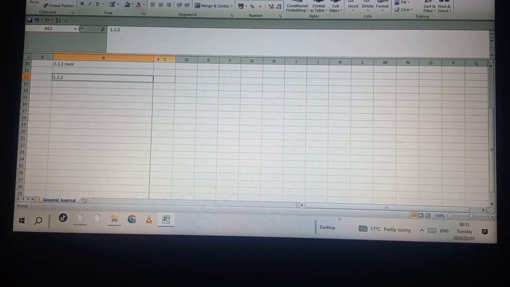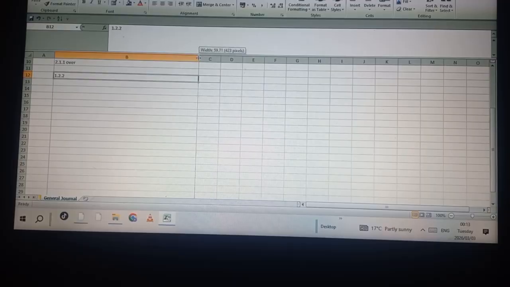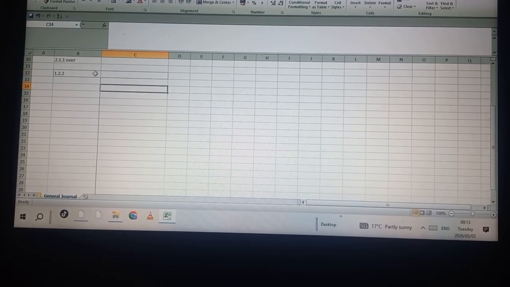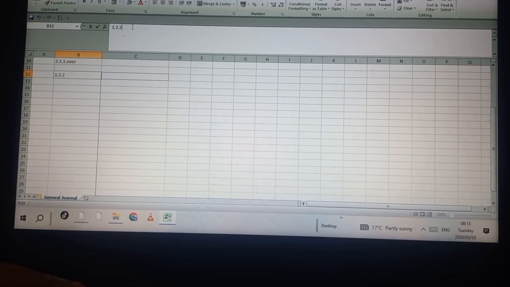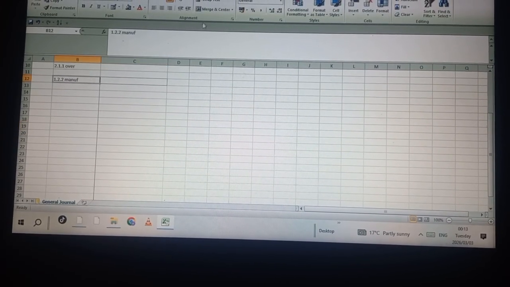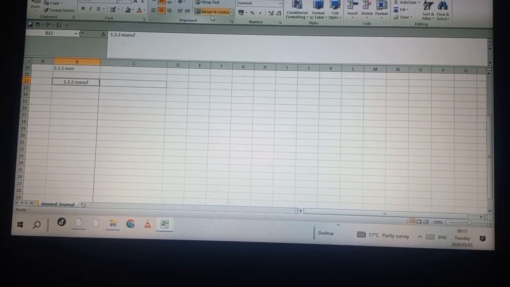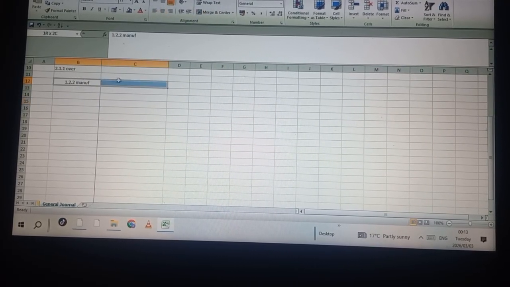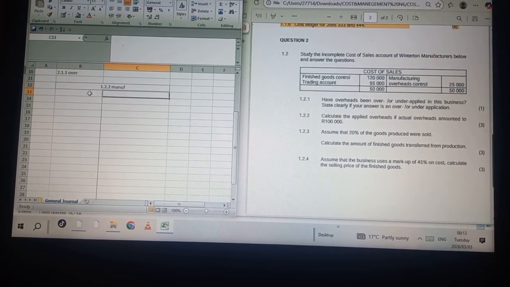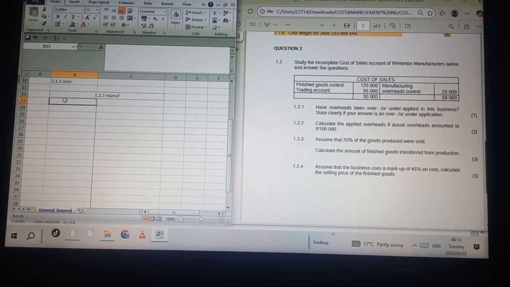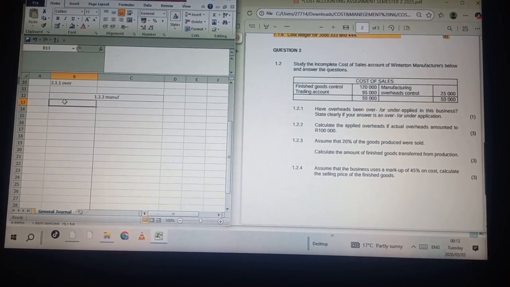Manufacturing. This is 1.2.2. Actual overheads is given as 10,000.